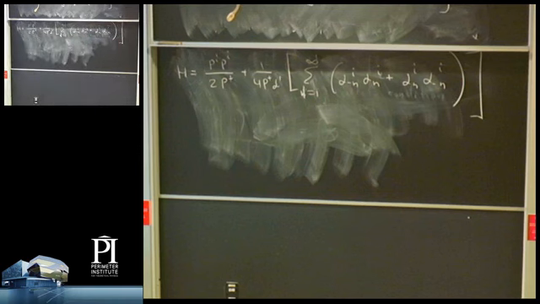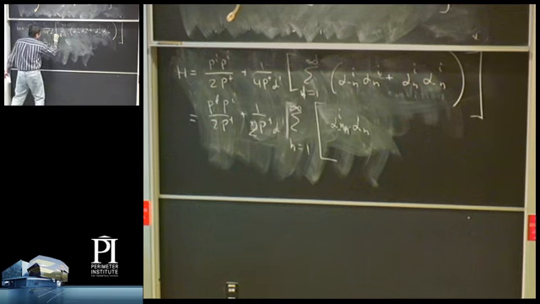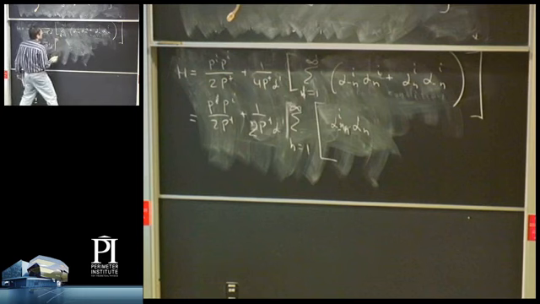Now, we can proceed exactly as we do in the harmonic oscillator, following this step, using the commutation relation, p plus 1 over 4 p plus alpha prime. So here I will have a sum, n equals 1 to infinity.